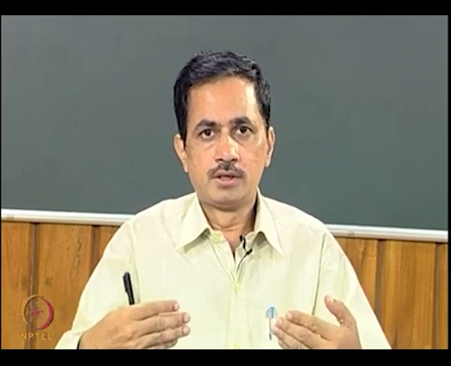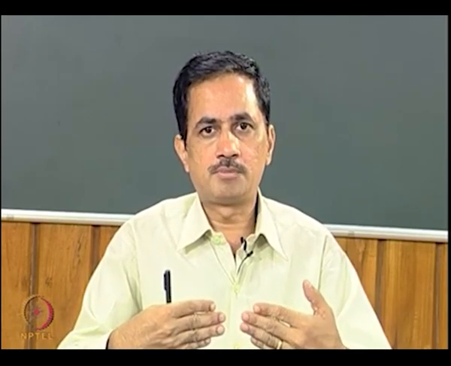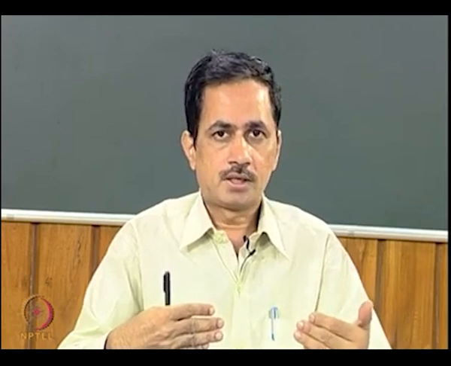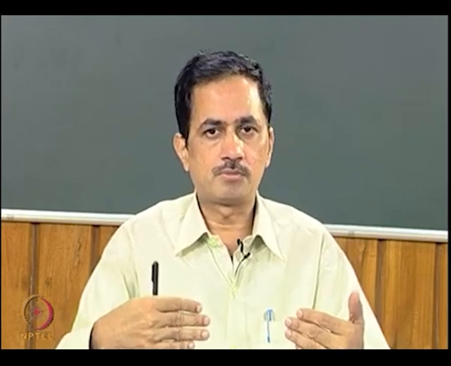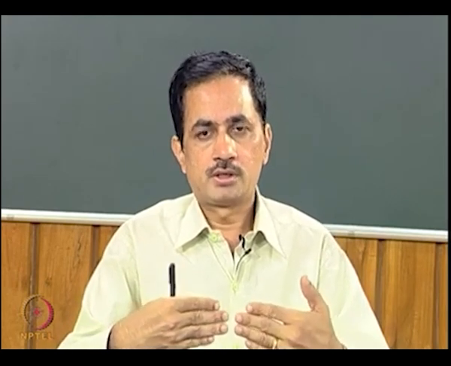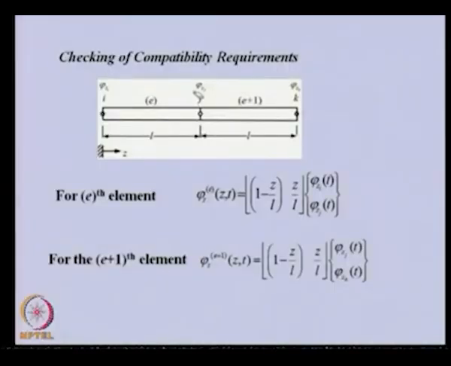During joining there has to be some compatibility: the displacement predicted by one element at a particular common node and the displacement predicted by another element at the same node should match. That is the compatibility condition. So, let us see whether this particular shape function which we have chosen is compatible up to the requirement for us.